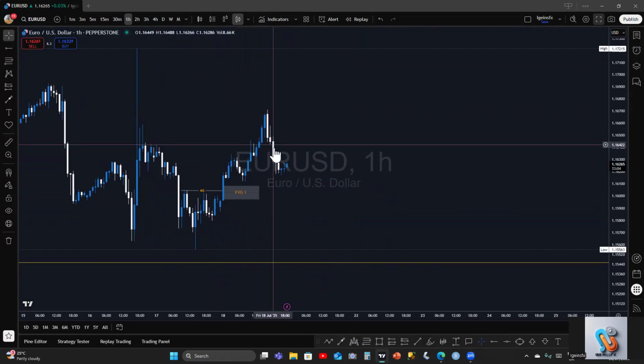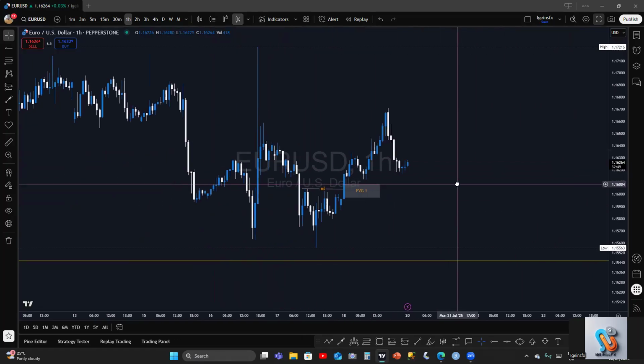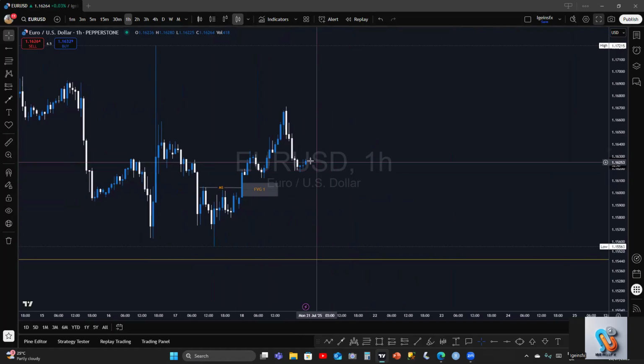After that, this pullback is holding here at this support level. But let's see what happens now that the market has opened. If it pulls back down a little, it's supposed to interact with this fair value gap, close up this place, then push to the upside again.